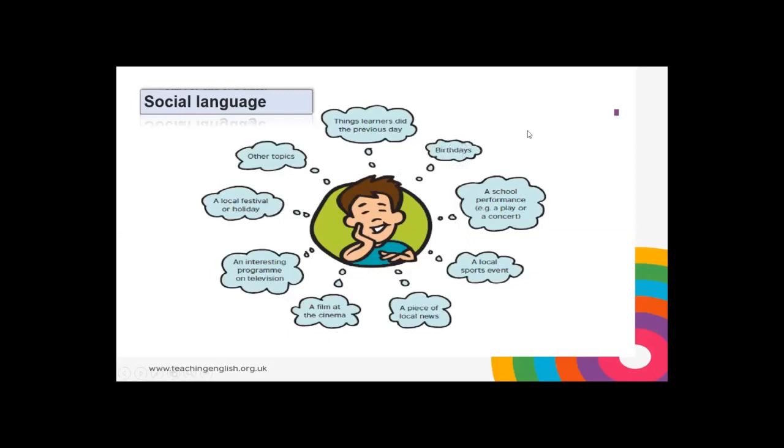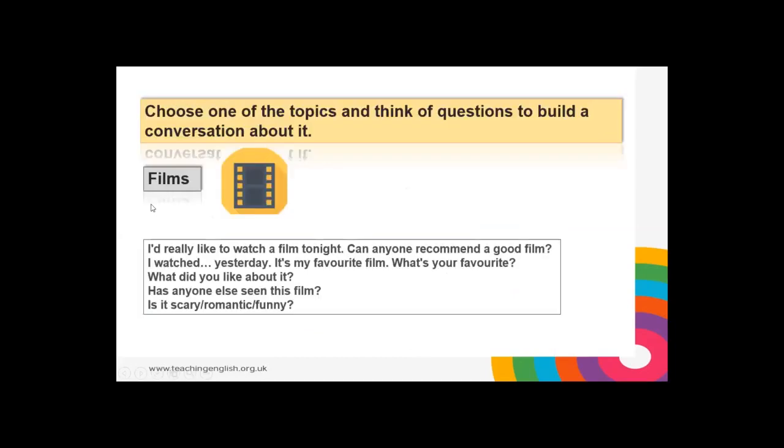A school performance, when we play or make a concert, local sports events, a piece of local news, a film at the cinema, an interesting program on television. All of these make social language. So choose one of the topics and think of questions to build a conversation about it.